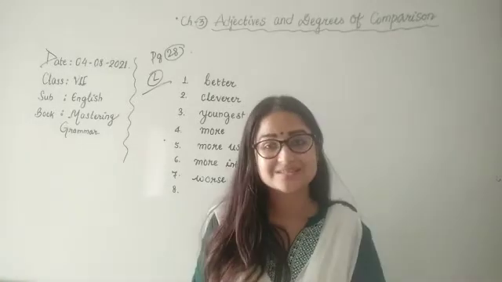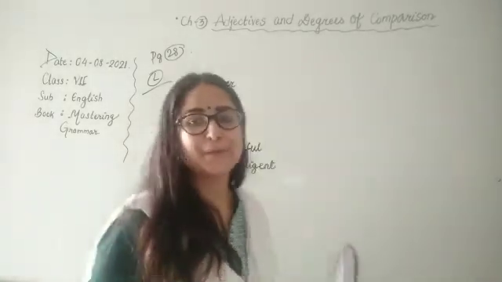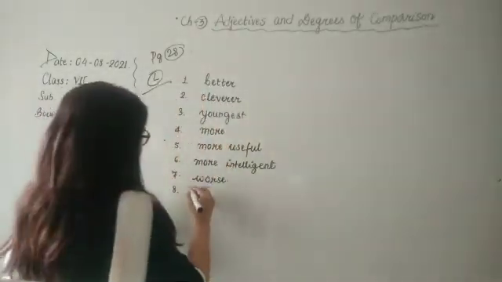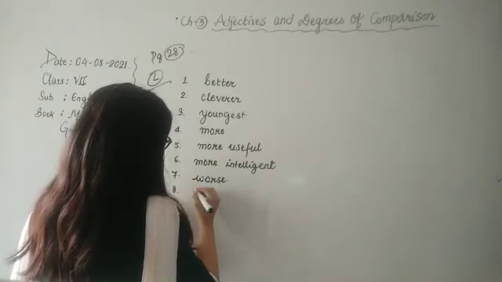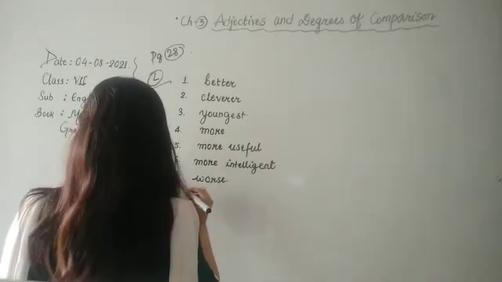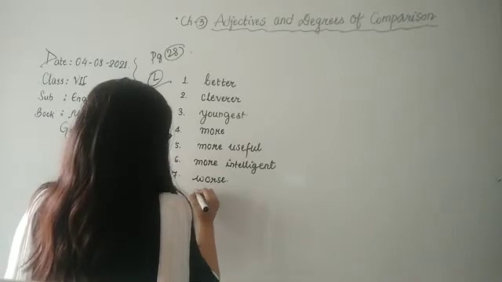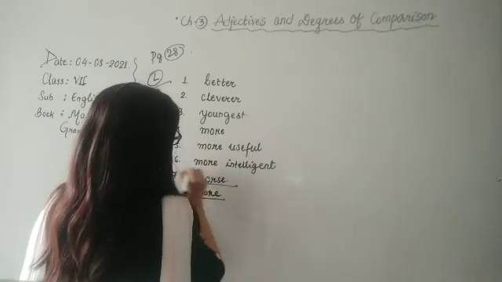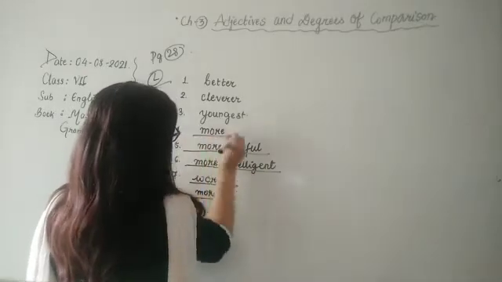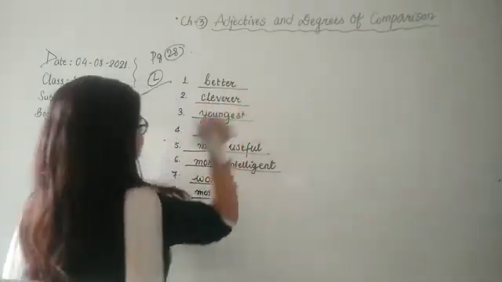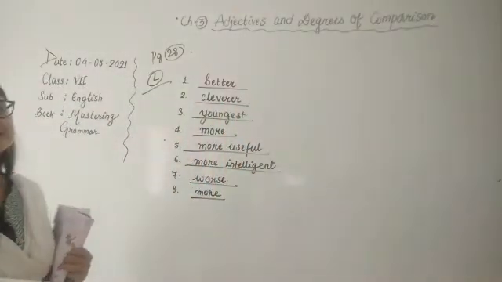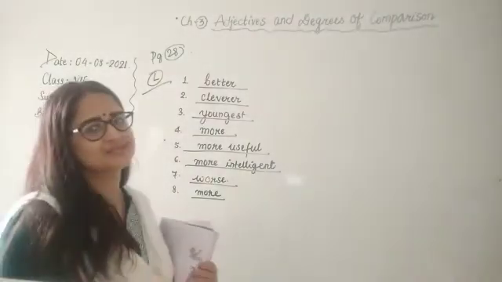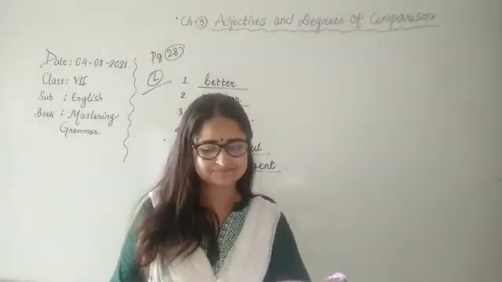So runs, many, more, most. Many and much have the same comparative and superlative form. So here Sachin scored more runs, and we are done with this exercise as well. Yes, children? So please write the question. Do not forget to write the question, okay?